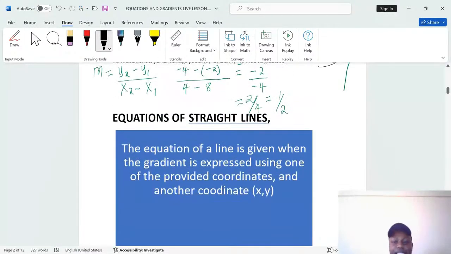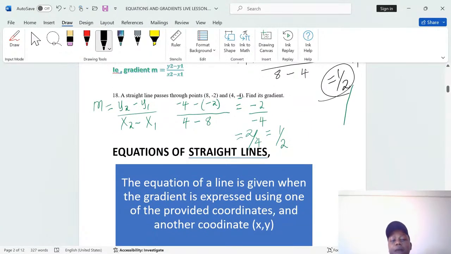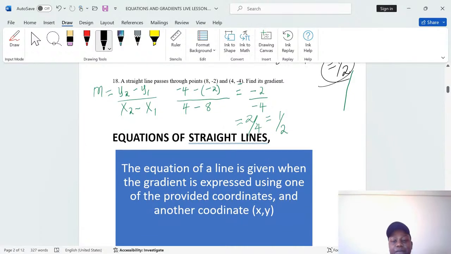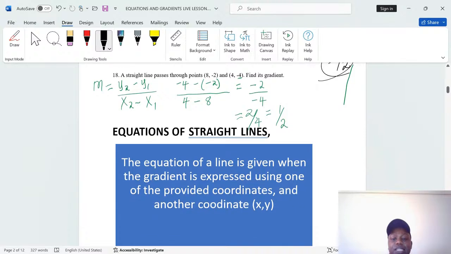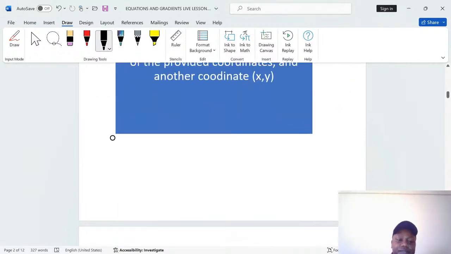Let me express the equation of the line above. We have a line whereby the gradient is already calculated as half. Then we have two coordinates, (8, -2) and (4, -4). Let me start by getting the equation of this line using the first coordinate. Therefore, I'll just use the gradient.